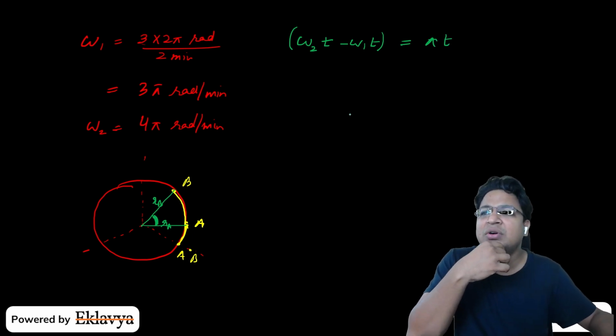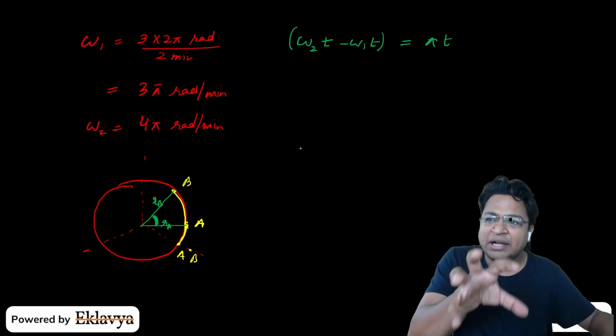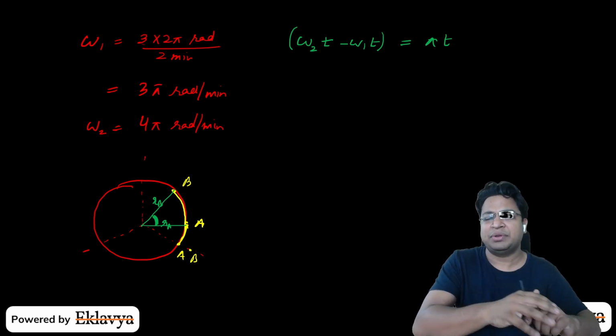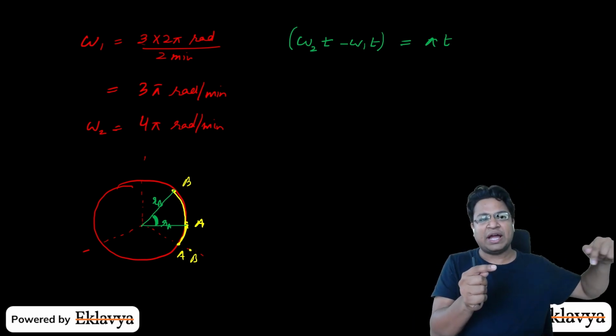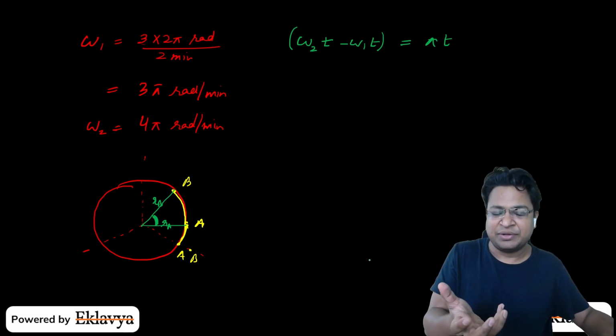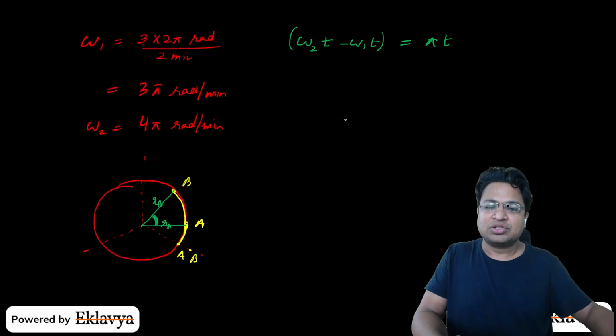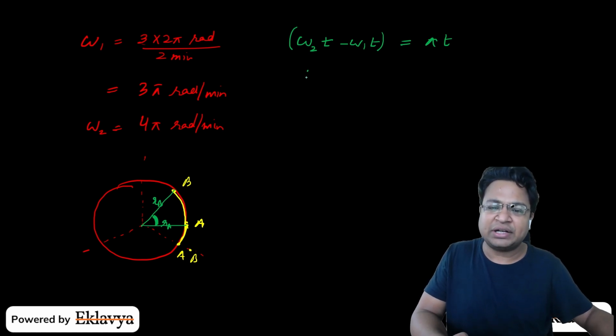So now I want to see, when B comes around and joins A again at some point in time, in that motion, till how many minutes was A able to see B because B went ahead of A? So how will we get that? Let me write that time as capital T1.